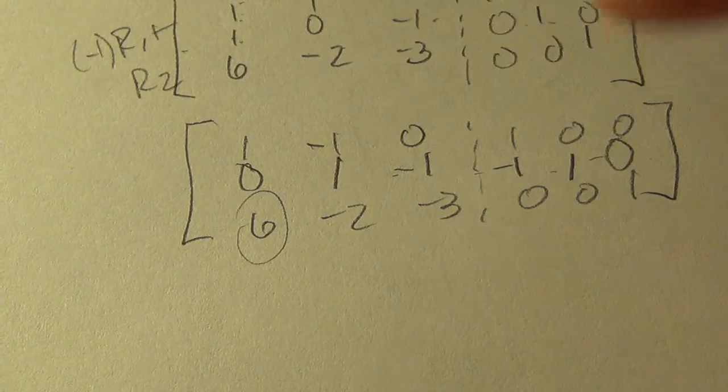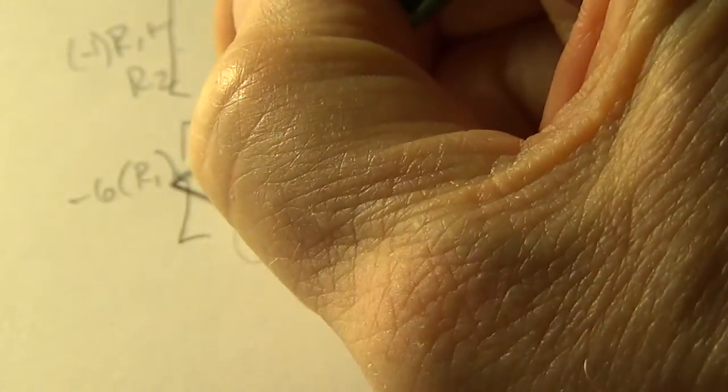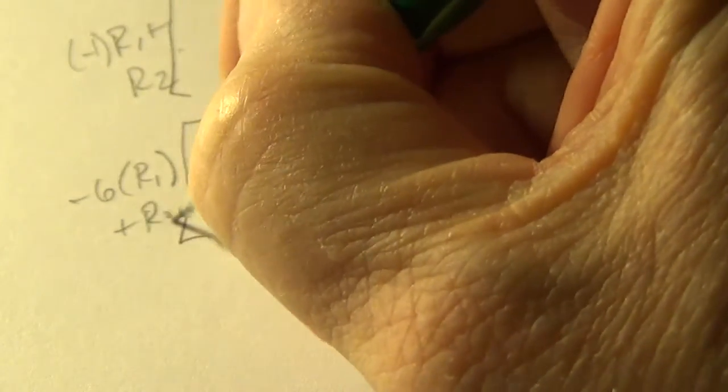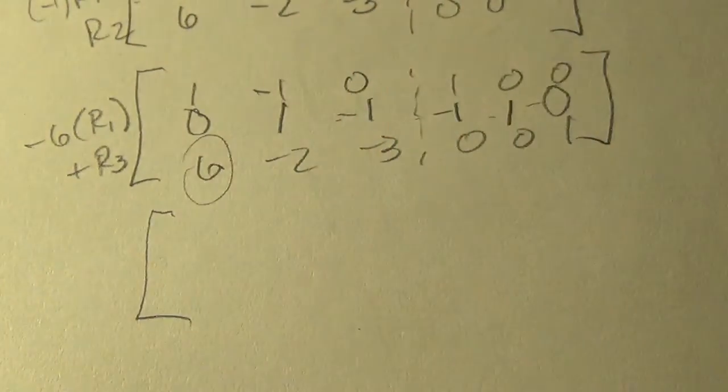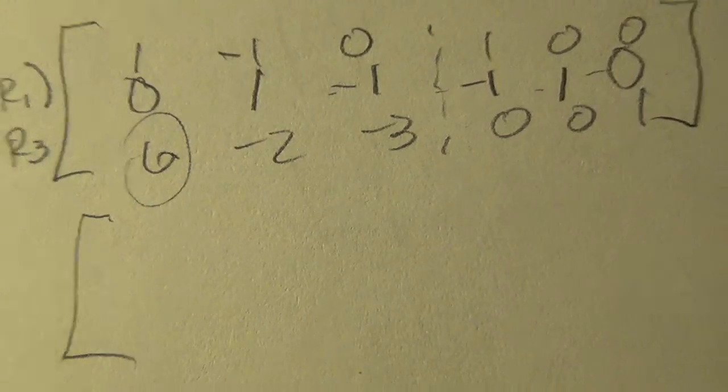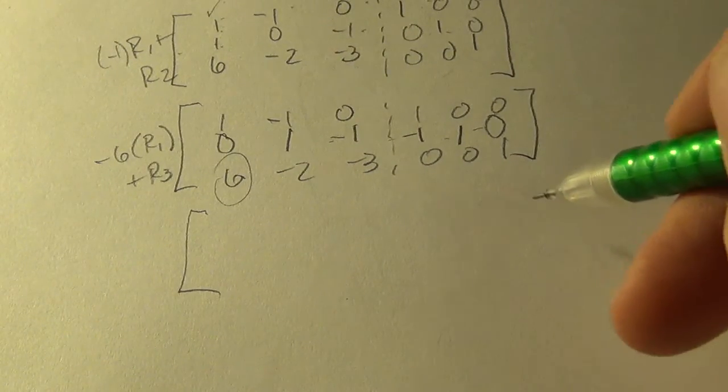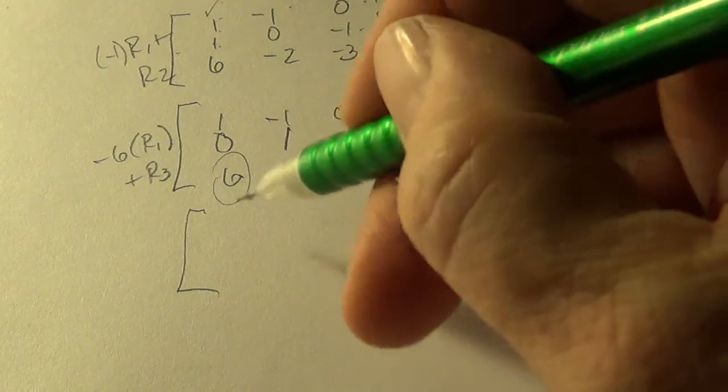Alright, so now I want this to be a 0. So I'm going to do negative 6 times row 1 plus row 3 to get that to be a 0. So row 1 and 2 are unchanged. Let me write out row 1 and 2.